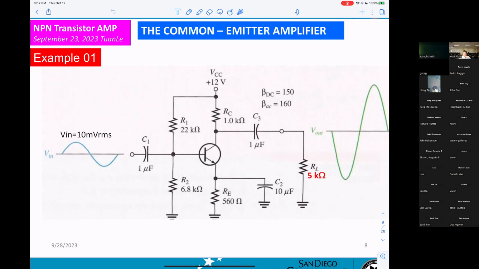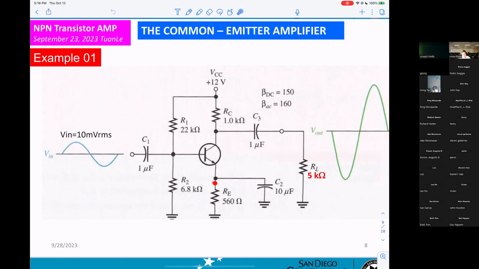Second thing, the capacitor CE is the bypass capacitor. What do they mean by bypass? Basically, you get a sine wave at the base, and at this point you also get a sine wave. However, the capacitor will be shorted for AC, so the AC current IE is shorted to ground.